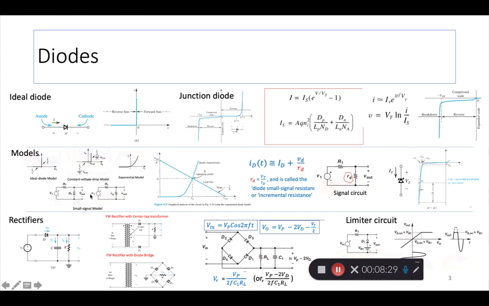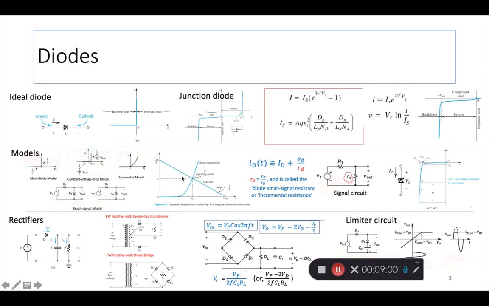And then we also worked on understanding the small signal model. In fact, we were introduced to the idea of a small signal for the first time. And a small signal model generally consists of two pieces. One is what's called the DC or biasing model, or the biasing voltages, and the other is actually the signal voltages, right? So how to separate the two is something that we were introduced to.